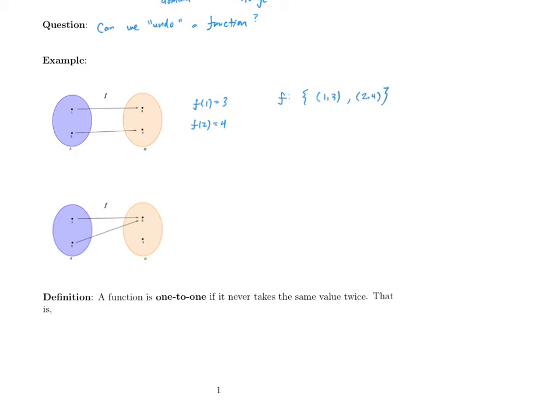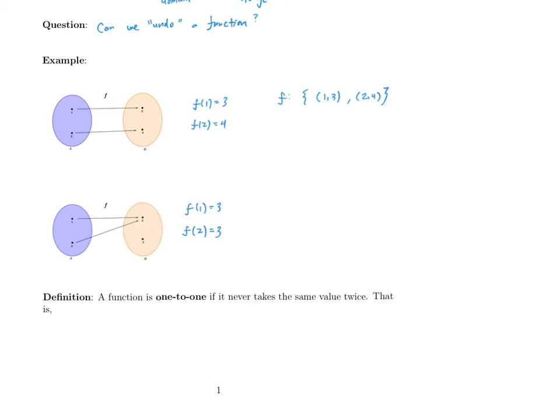and (2, 4). In the second example, we have a function f mapping the set containing 1 and 2 to the set containing 3 and 4, and now we've just defined it slightly differently. We're going to have 1 map to the element 3, and 2 also map to the element 3. So in this case, we would say f of 1 is 3, and f of 2 is equal to 3.